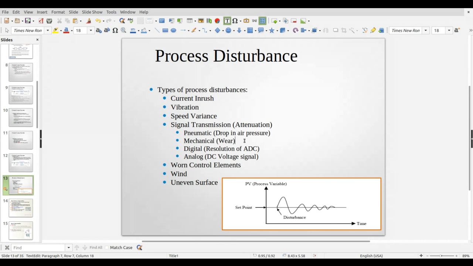Mechanical wear, right? You have belts and pulleys and gears that wear down, so when you start and stop things, you get this slop or delay and then a jolt. All these different things could and do result in disturbances in your system.